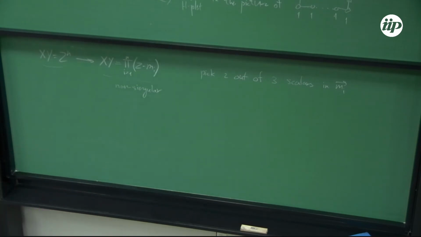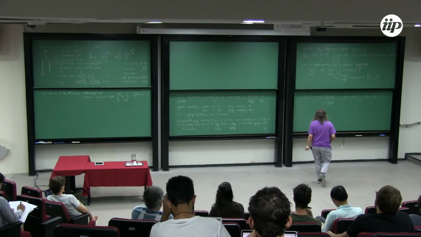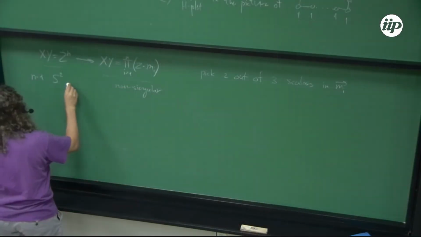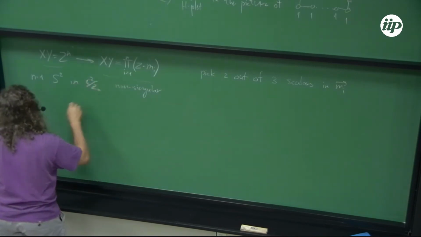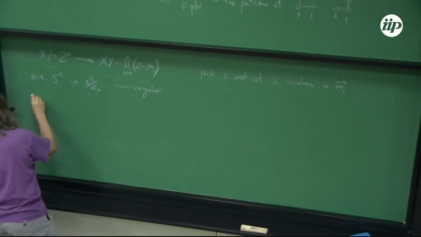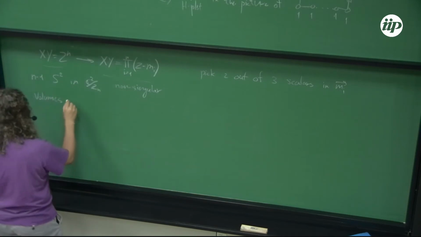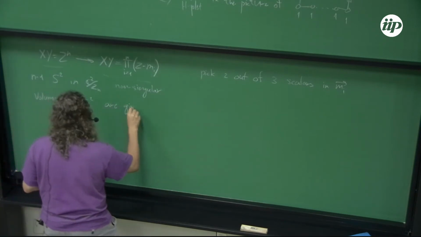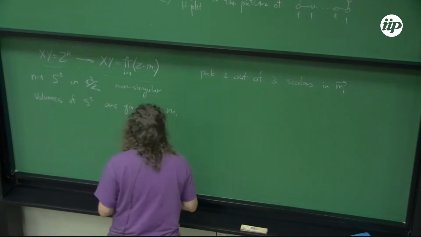It's still one-dimensional, but geometrically what happens is that there are n-1 two-spheres in C2 mod Zn, and the volumes of those S2 are given by some function of the Mi.